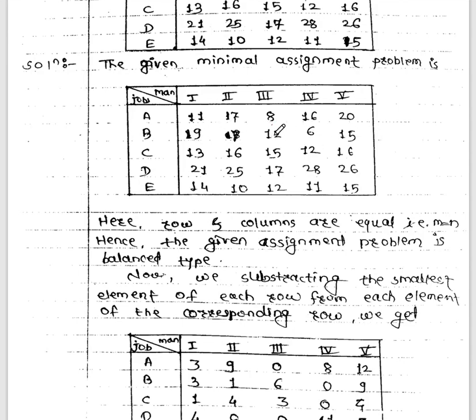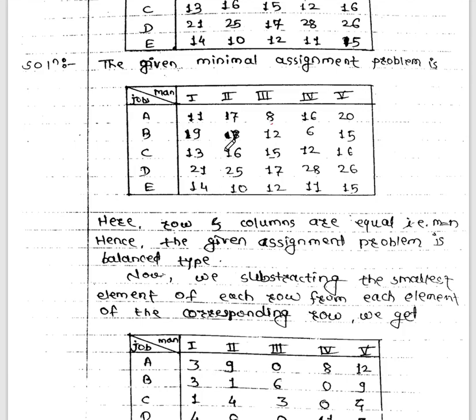So here 8 is the smallest element, so subtract this 8 from this row, so you will get 3, 9, 0, 8, 12. In the second row 6 is the smallest element, so subtracting from this row we will get 3, 1, 6, 0, 9. In the third row 12 is the smallest number, so subtracting from each element we will get 1, 4, 3, 0, 4.